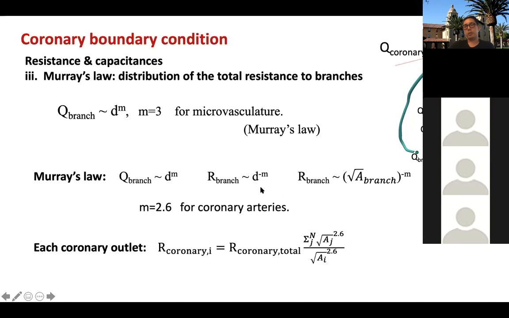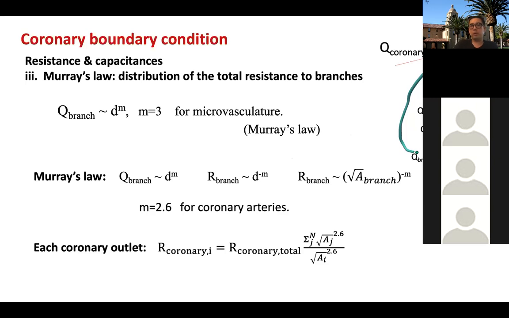And the diameter is approximately the square root of the area, if we assume a circular shape of the vessel. Murray's law is very well accepted and validated against histologic data, but it is well fitted for the microvasculature, that is, it scales around the sub-micron scale.